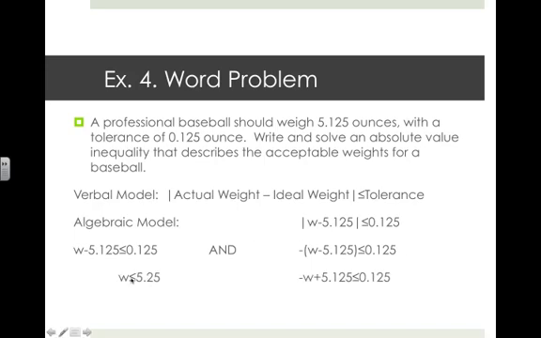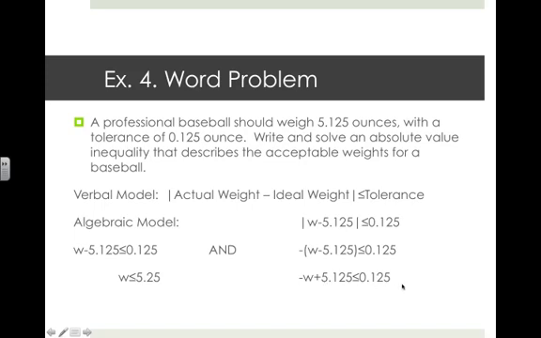For the first case, we add 5.125 to both sides, so we get W less than or equal to 5.25. Over here on the second case, we distribute, so we've got negative W plus 5.125 is less than or equal to 0.125.